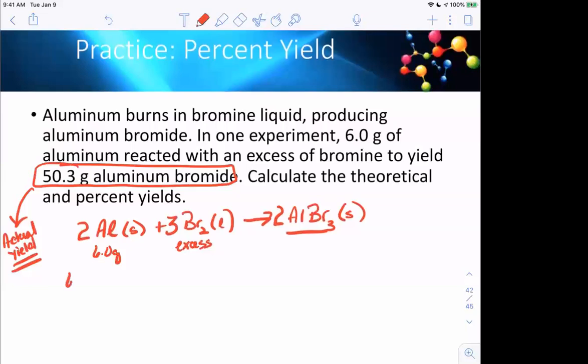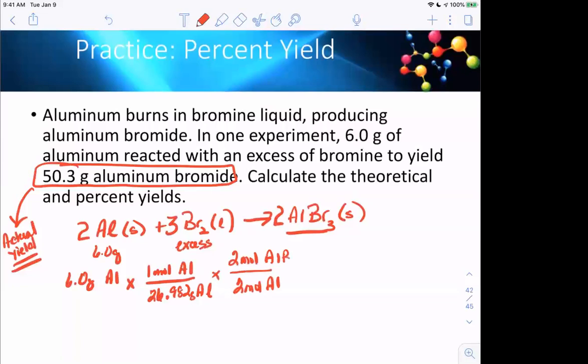So I have 6.0 grams of aluminum. For every 1 mole of aluminum, I have 26.982 grams. That's my molar mass of aluminum. For every 2 moles of aluminum, I make 2 moles of AlBr3.